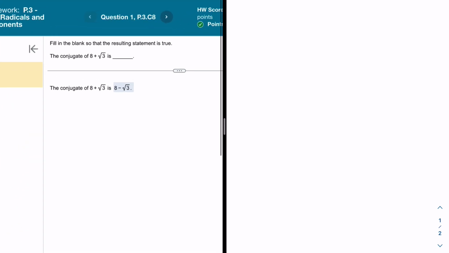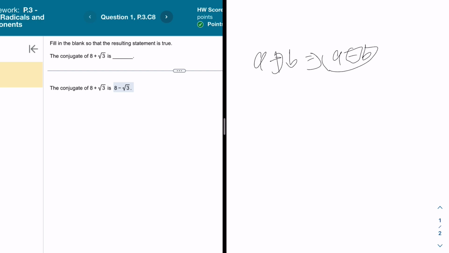So our first question is to find the conjugate of some number. So let's see, you are given a plus b. If someone asks you to find the conjugate of this number, then we just change the middle part, right? Look, we just changed plus to minus.